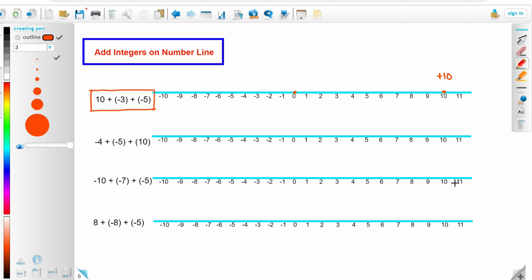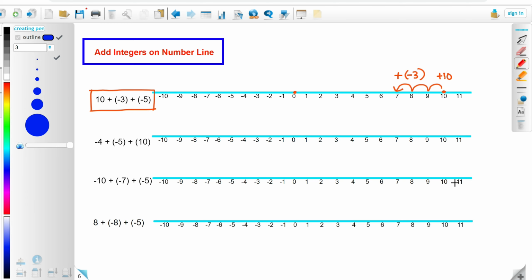Now, we have to add minus 3. Adding minus 3 means what? Minus 3 means going left. So from here, we are going left. 1, 2, 3. So this step is add minus 3. From 10, we move 3 units left. And then we are going to add minus 5.